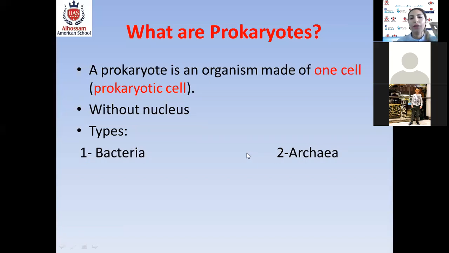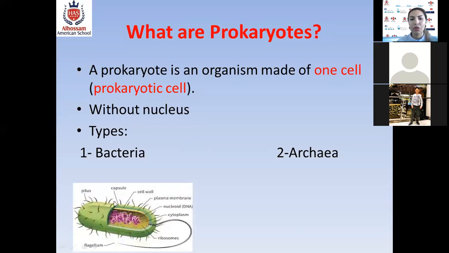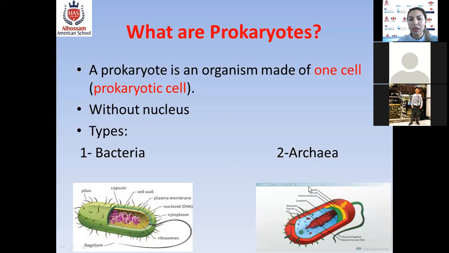Here are the pictures of bacteria and archaea, and you can see that they are similar to each other because both of them are prokaryotic cells. But we'll learn more about the differences between them.